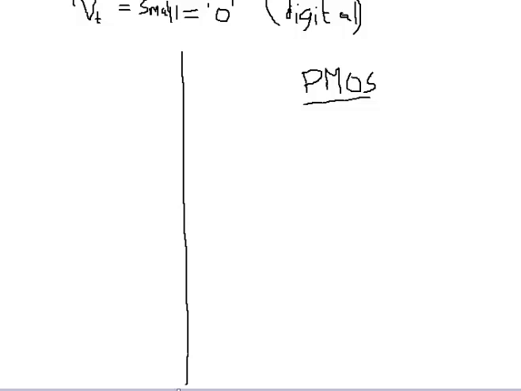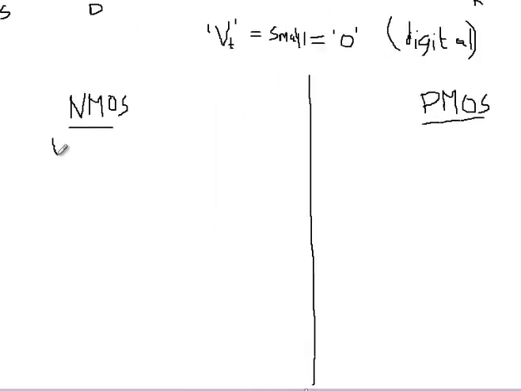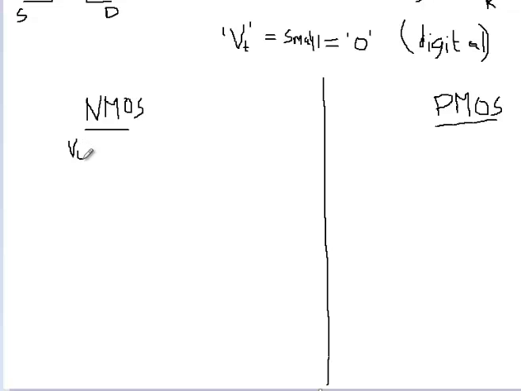Good. For an NMOS, for now, take it from me that VT is positive. I will upload some videos on the threshold voltage, which will include most of the physics behind NMOS and PMOS, and why VT is positive for NMOS and negative for PMOS. I will talk about semiconductor device physics in a separate video. For now, just take it from me that VT is negative for PMOS and positive for NMOS.